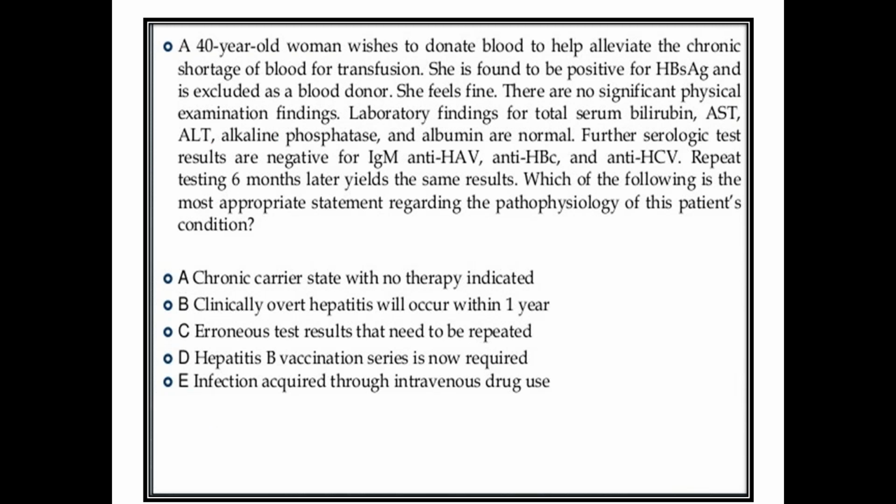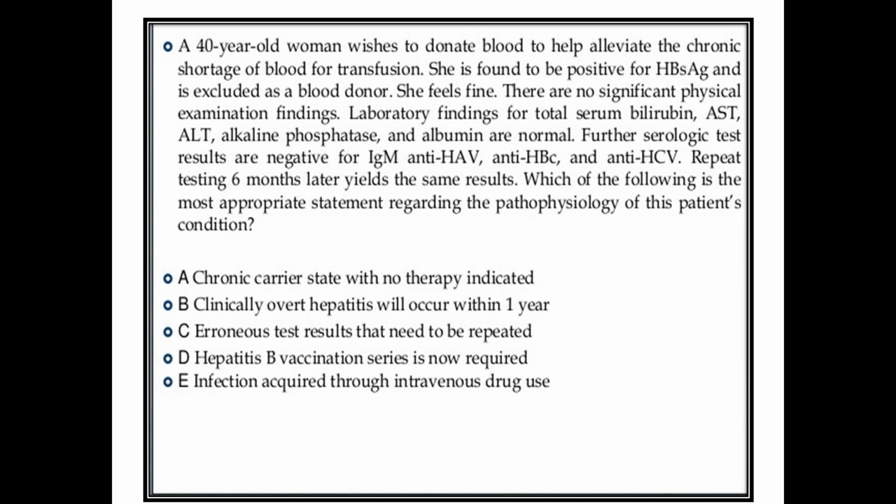I just have 2-3 more cases, and here we have the history. A 40-year-old woman wishes to donate blood to help alleviate the chronic shortage of blood for transfusion. She is found to be positive for hepatitis B surface antigen and is excluded as a blood donor. She feels fine. There are no significant physical examination findings.